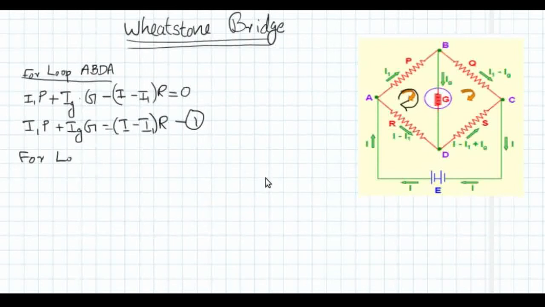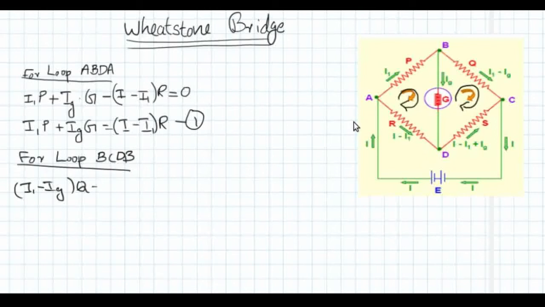Now similarly for the second loop, that is B, C, D, B, we can find another equation. For the loop B, C, D, B, the clockwise direction current should be positive. That means I1 minus Ig should be positive, but I minus I1 plus Ig is negative, and here this Ig is also negative.